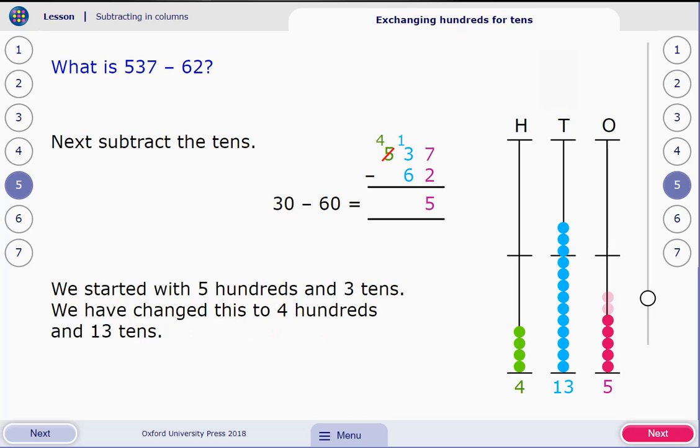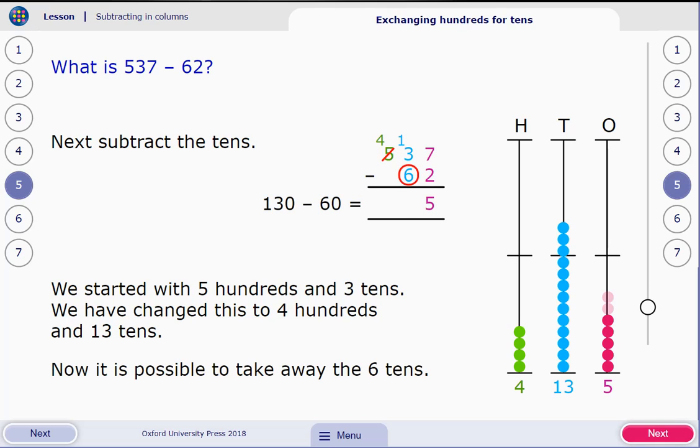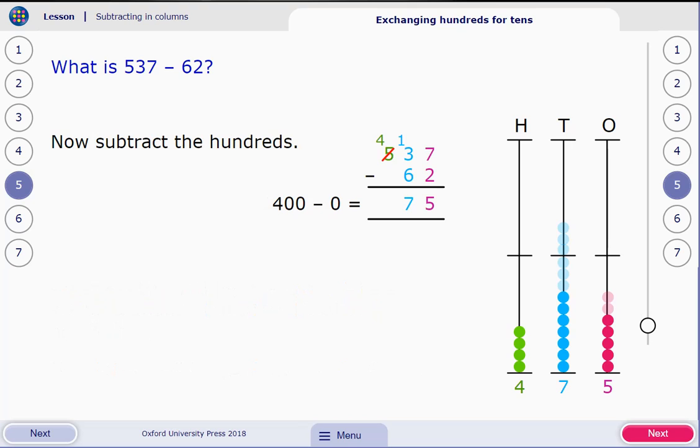And I've got 10 of the tens. So 10 plus 3 is 13. And 13 tens take away 6 tens is 7 tens. Now I've got 4 hundreds take away no hundreds. So that leaves me with a total of 475.